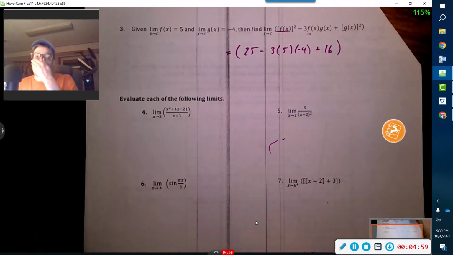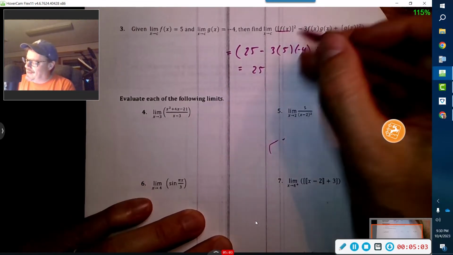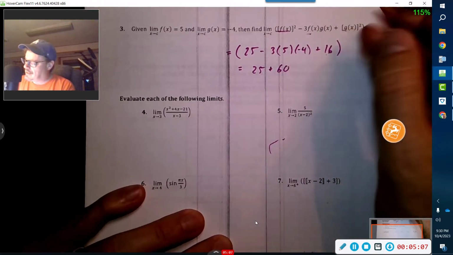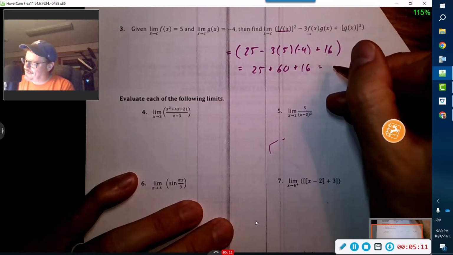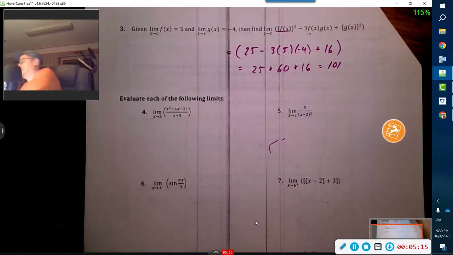All right, so whatever this is, 25 minus, oh, no, plus 15 times 4 is 60, and then plus 16, so that's 84. 5, I'm getting a 101. Is that right? 101? I'm just going to look at my answer key real quick just to verify. All right, so that is correct.